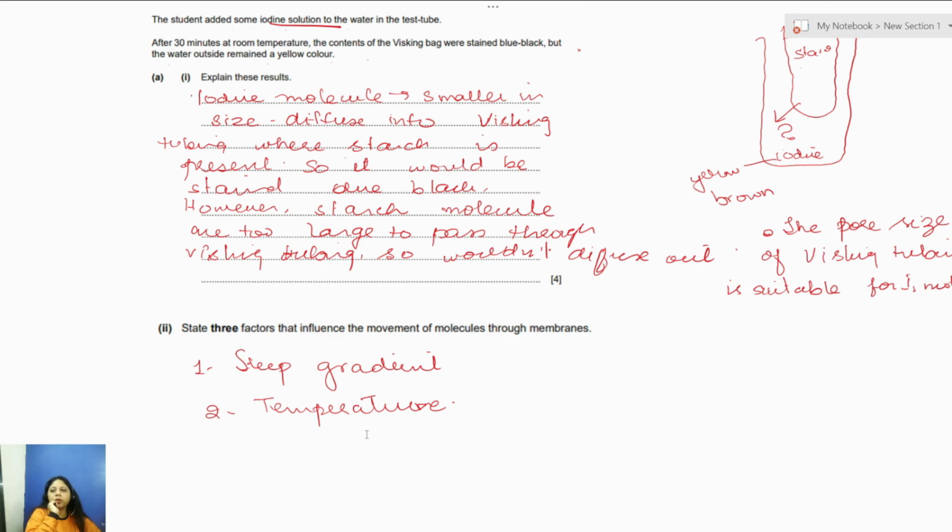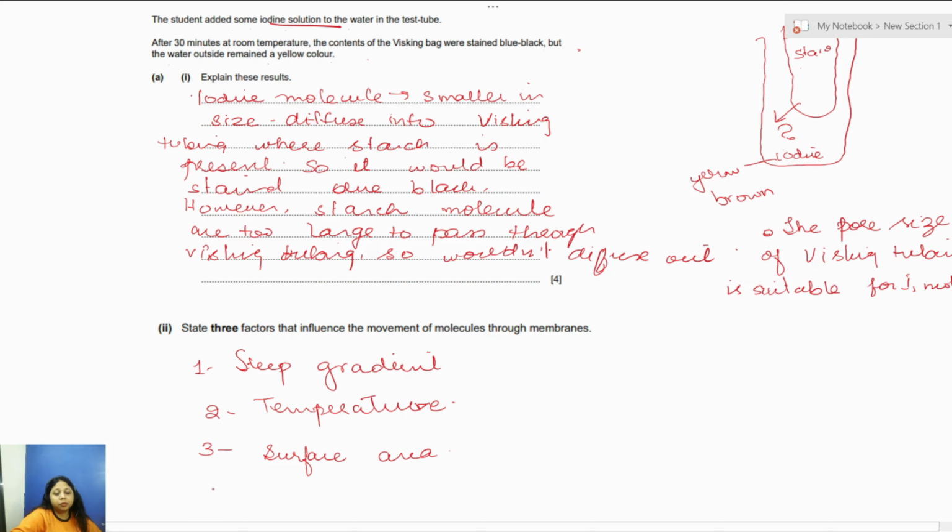And they move faster, diffuse faster. Okay. What is the third one? That is part of steep gradient. Surface area.